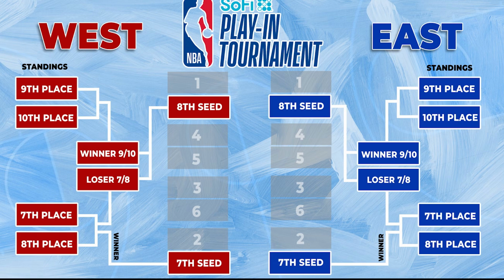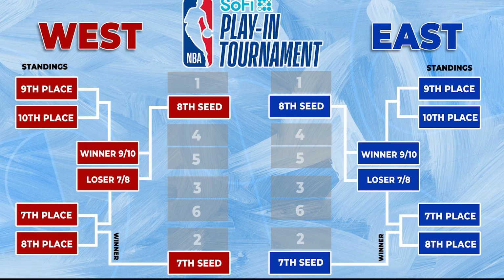In each conference, the teams are ranked, and only 8 teams from each conference can qualify to play in the playoffs. The first 6 are directly qualified for the playoffs, but the teams ranked 7 to 10 play for the 7th and 8th positions of the playoff seeds.